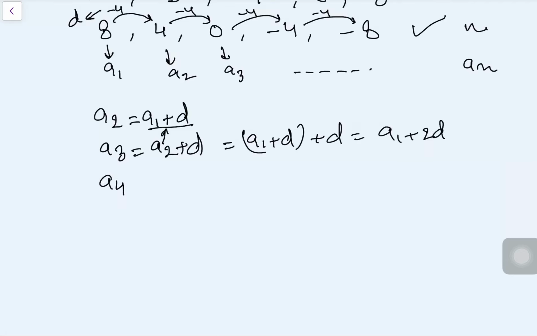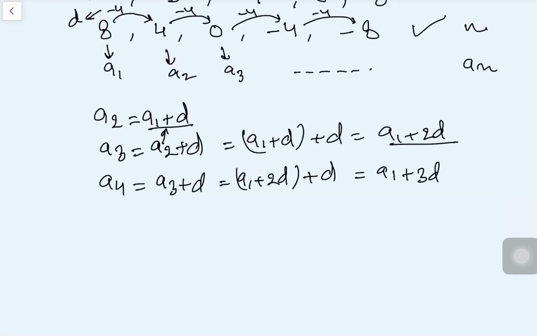Similarly, we can represent A4 as A3 plus D. We know A3 is A1 plus 2D, so we replace A3 with A1 plus 2D, plus D. So this will become A1 plus 3D. So you can see there is a pattern, right?